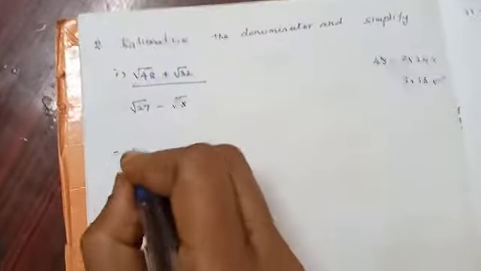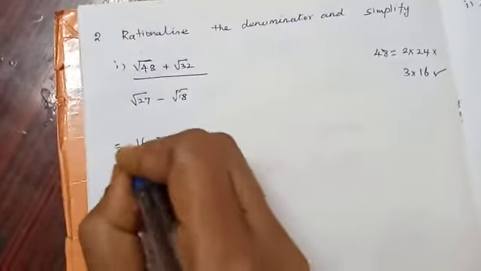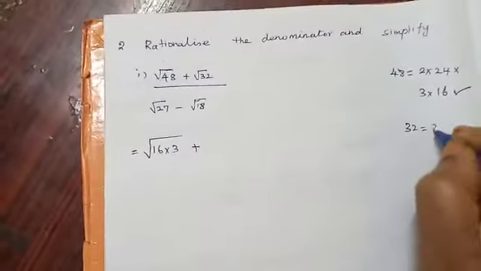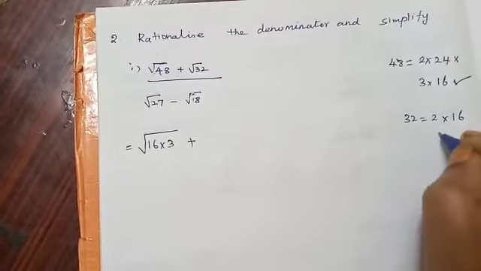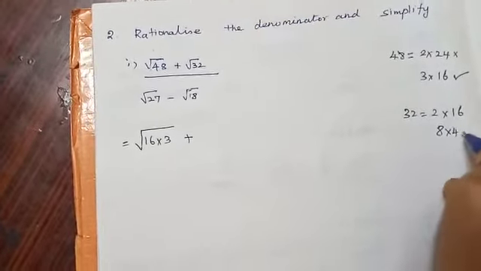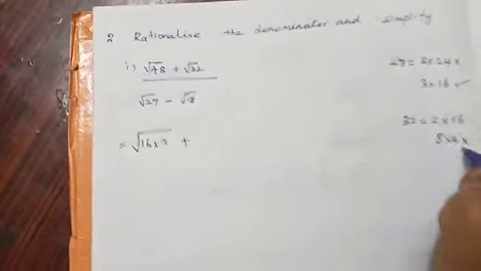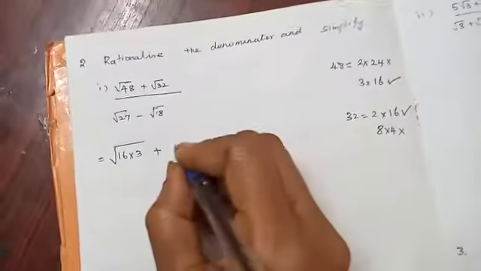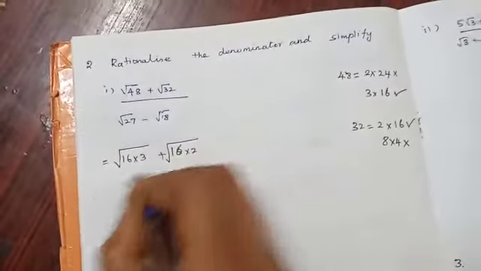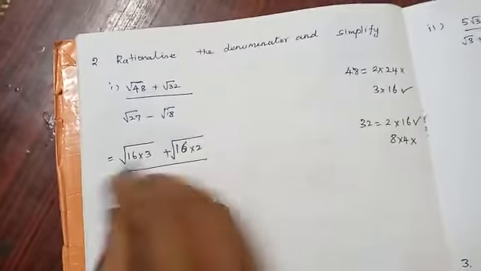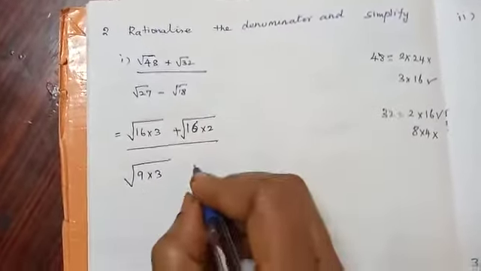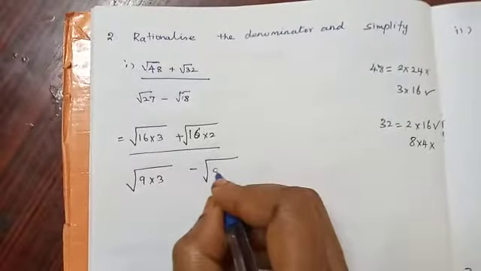So that is equal to square root of 16 into 3 plus 32 means 2 into 16. In this factor it is a perfect square, so we can choose this. So square root of 16 into 2 divided by root 27 means 9 into 3, because 9 is a perfect square, minus root 18, 9 into 2.